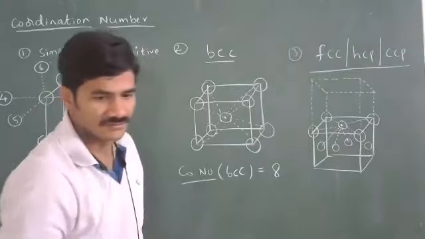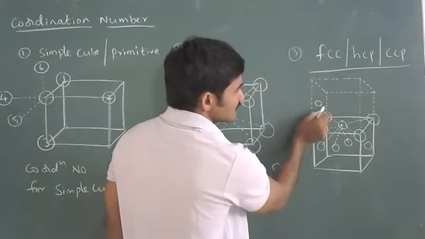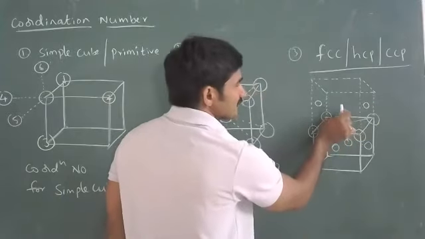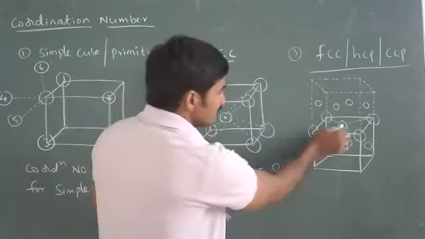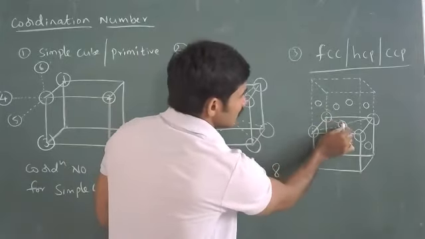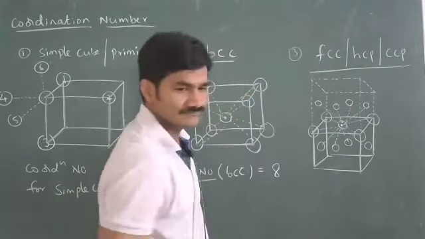So this atom is again touching not only this. Here we have one face center atom, here we have a face center atom, and front and back one face center atom each. This atom will again touch this, this atom also, this atom also, this atom also.